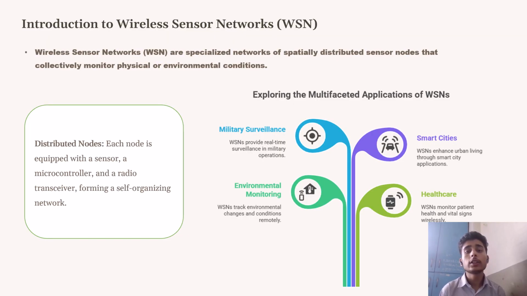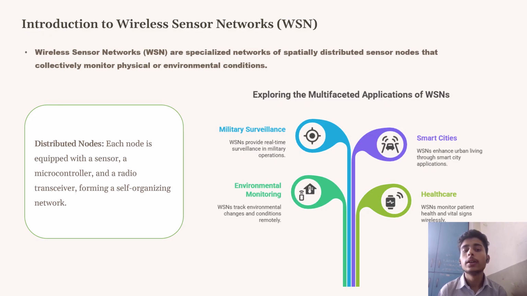So our next point is wireless sensor networks, that is also known as WSN. Wireless sensor networks are a subset of IoT, which can also be called a network of spatially distributed sensor nodes.